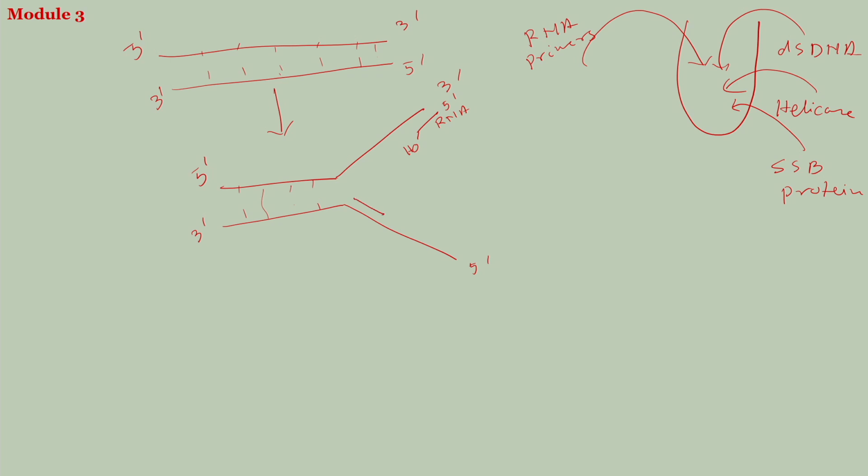Here the primer would be this, with the 3 prime hydroxyl group free, good enough. Now, what do you need? You need the extension, you need to synthesize the complementary strand, and that is done by polymerase. So, you add the 2 polymerases for 2 different strands.